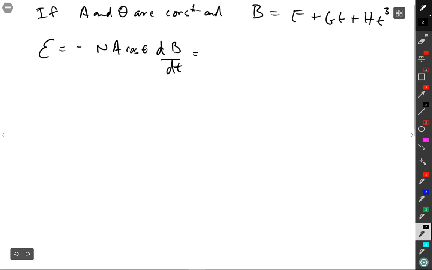And so I just have to go ahead and do that. In this case, the derivative would be G plus 3HT squared. So those are the three scenarios.